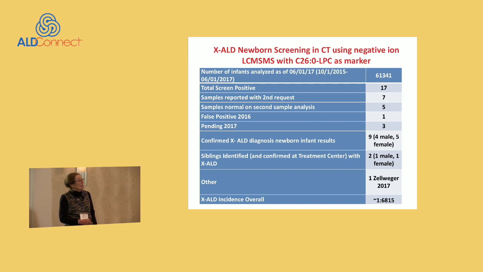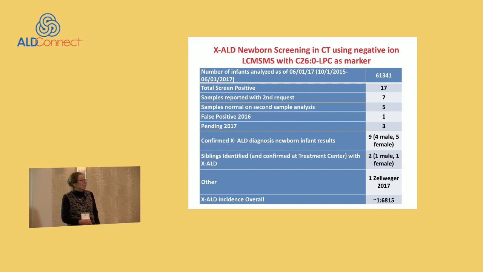And as of June, I'm a little out of date with Connecticut, they had screened 61,000. They had 17 positives, 7 with second request, 5 normal on second sample analysis. False positive was 1, and they were pending 3. They confirmed 9 with ALD, 4 males and 5 females.